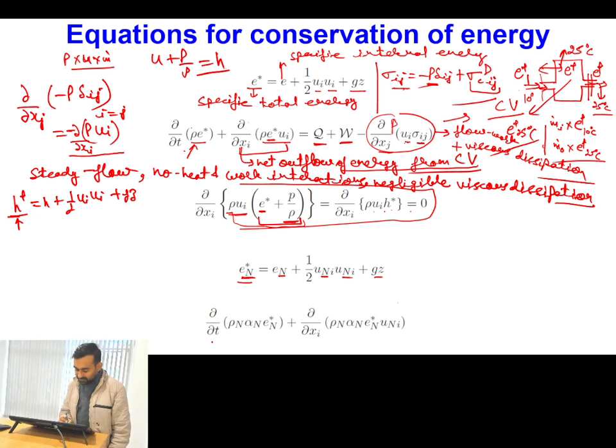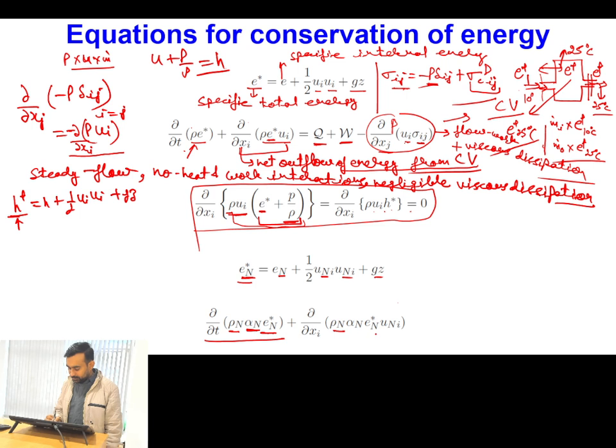Now what will be the rate of change of energy? So rate of change of energy will be rho_n into E_n star, but in the control volume, the complete volume is not filled with the same phase. Only alpha_n fraction is filled, so alpha_n will also come in multiplication. Plus del by del x_i of rho_n E_n star into u_n,i into alpha_n.